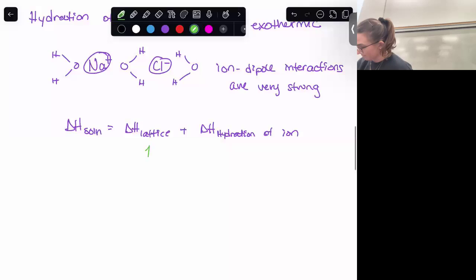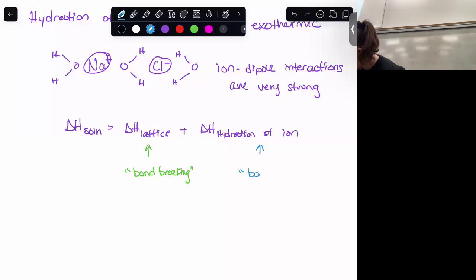Right, so this is your bond breaking. And this is your bond forming. Any questions on that equation?